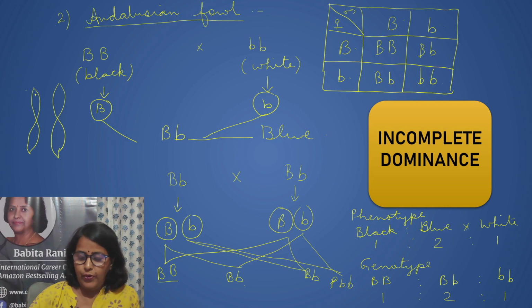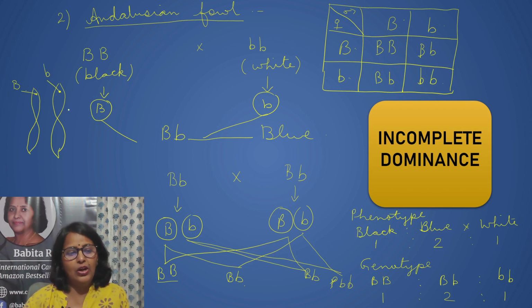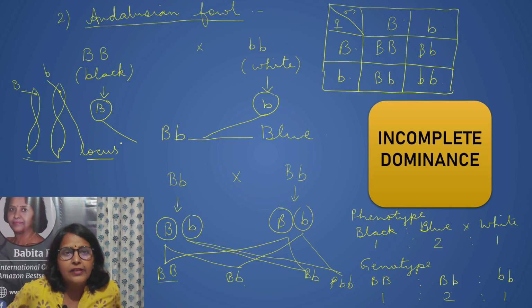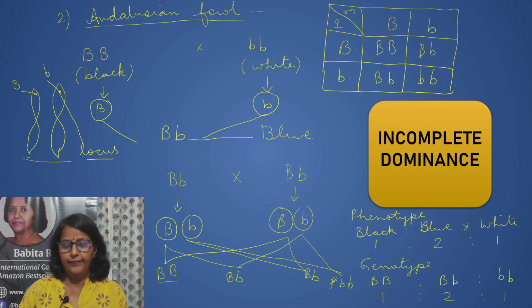This is a point on chromosome which is called locus. Locus is the location where genes are located. Suppose on this chromosome we have capital B and on this chromosome we have small b. So, this is how they are located. One of them is considered to be allele, together they are considered as genes, and this point where gene is located is known as locus. So, what is locus? Locus is the point where gene is located.